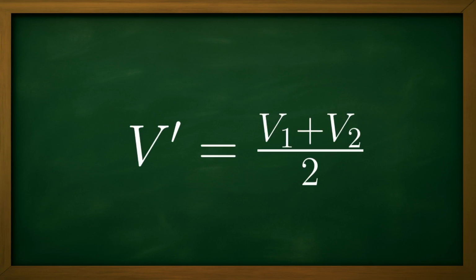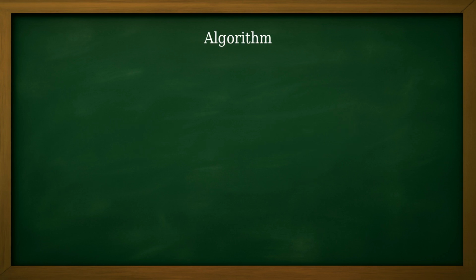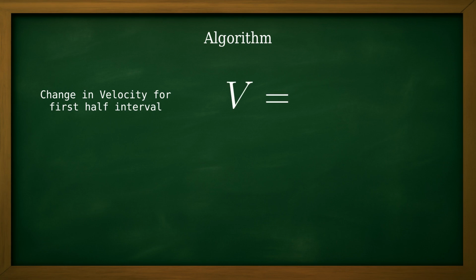We need to find the average velocity v dash at time dt by 2 before we can find the position. A simple technique for this, without introducing any additional variables into our system, is to calculate the velocity for the first half interval first. That is, v dash can be v plus g times dt by 2.